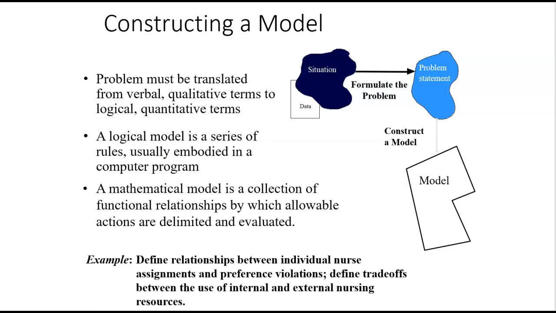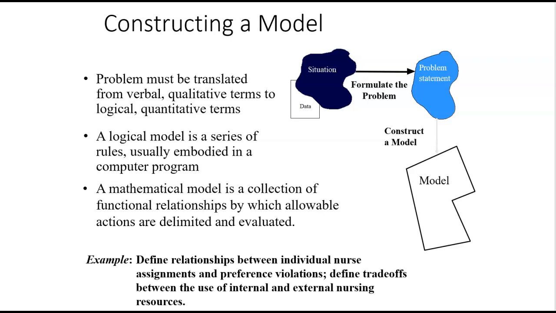And so what we've done now is we want to construct a model. We're going to just use deterministic OR in this course. So we've taken the problem, translating it now into verbal and qualitative terms, right? And we're going to create this logical model, this mathematical model, which is going to demonstrate relationships between variables based on the constraints that are put on us in the system.